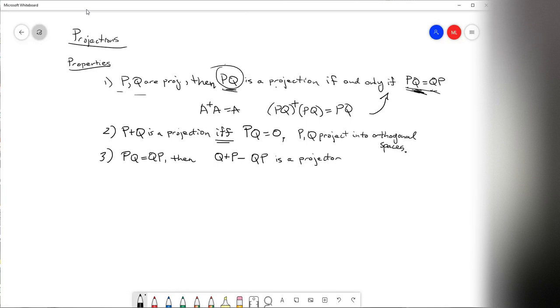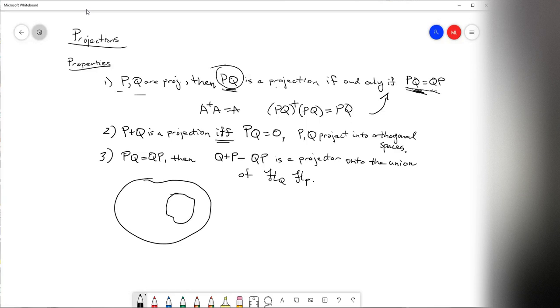And this is a projector onto the union of HQ and HP. The way to think about it is, you have some total big Hilbert space, then you have some subspaces, and in principle these spaces can overlap. This is HP, the set of vectors which P projects into.